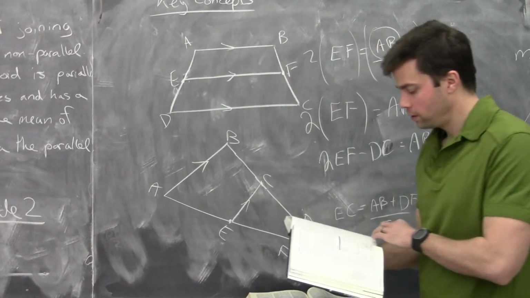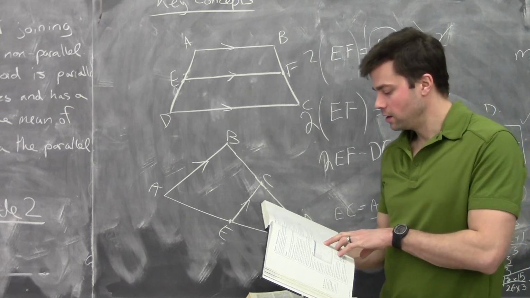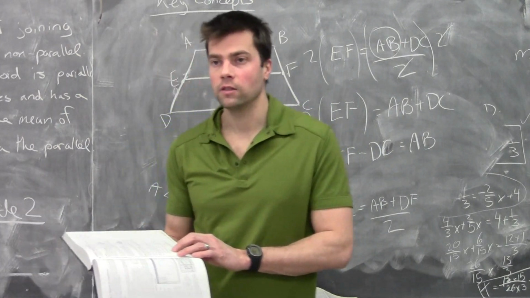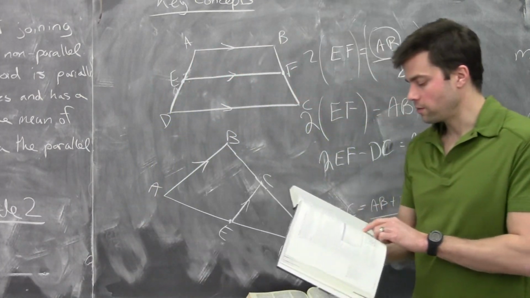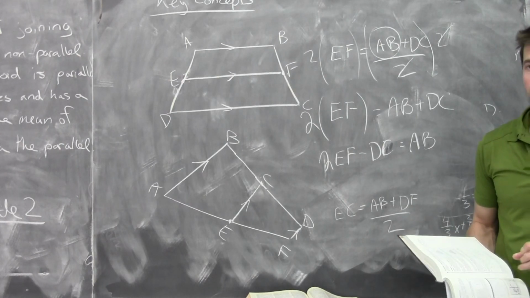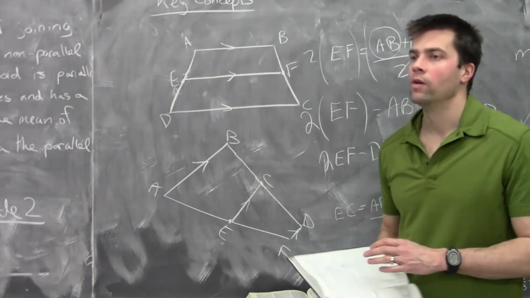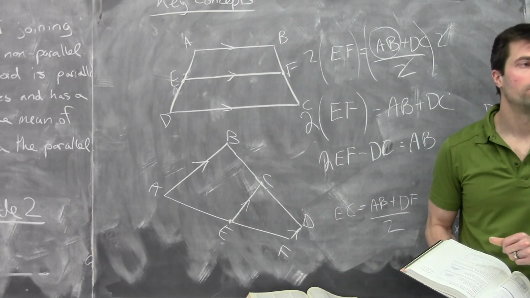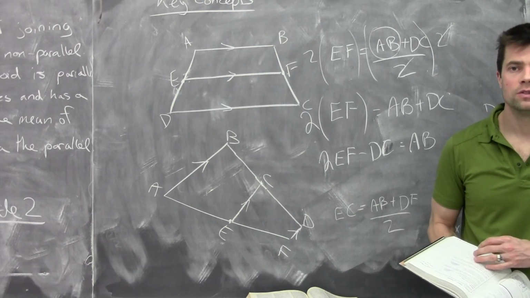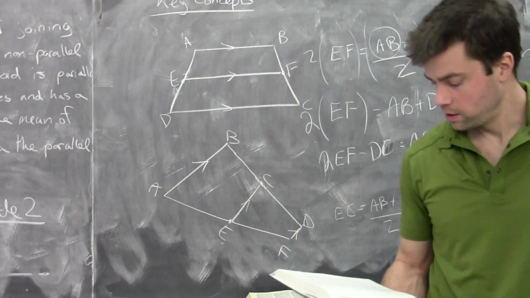The proof, which you're not necessarily responsible for replicating, is on page 133 at the bottom. It's not very long, but it can get a little confusing. I won't have you be responsible for proving it. You just need to know how to use it. Any questions? All right, that's the end of 3.3.